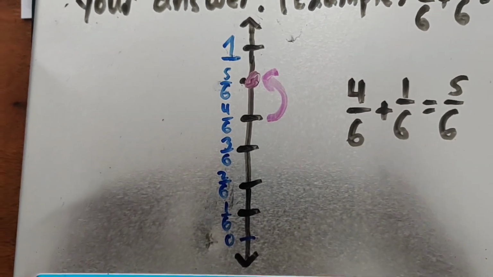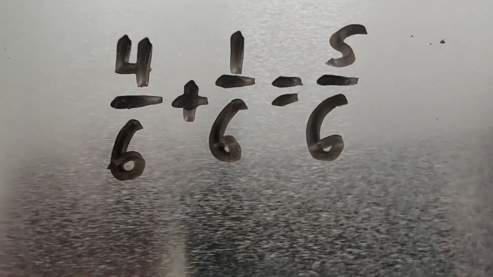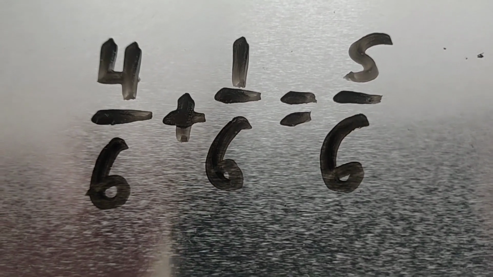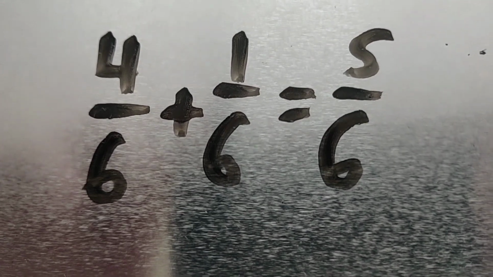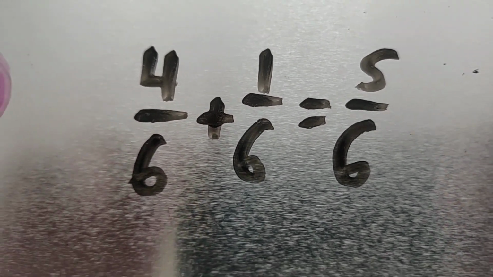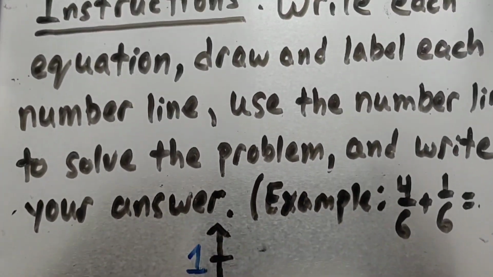So I used the number line and I showed that work. And then I wrote the equation with the answer. So 4/6 plus 1/6 equals 5/6. So make sure that when you work on your problems that you follow these instructions also.